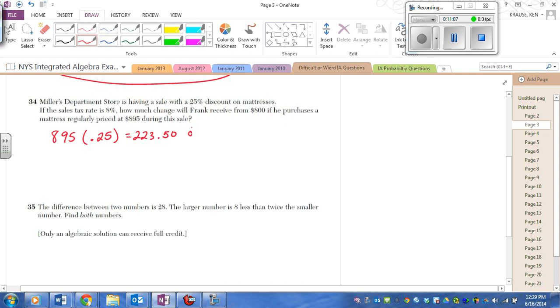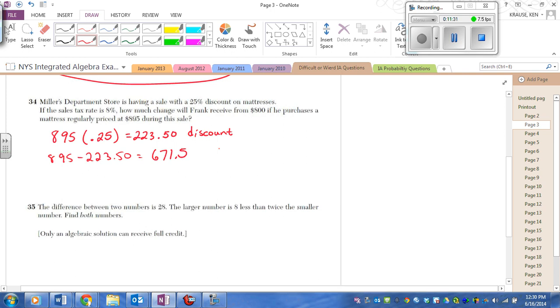So this is the discount. So take $895 and we subtract out $223.50. We get $671.50.